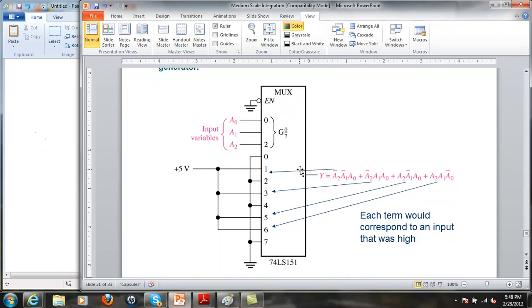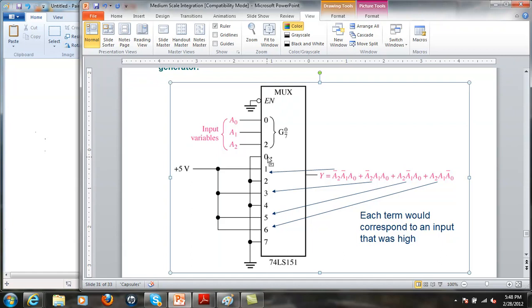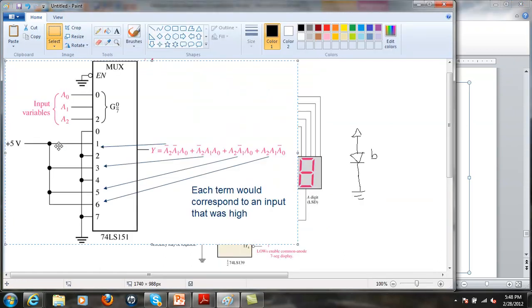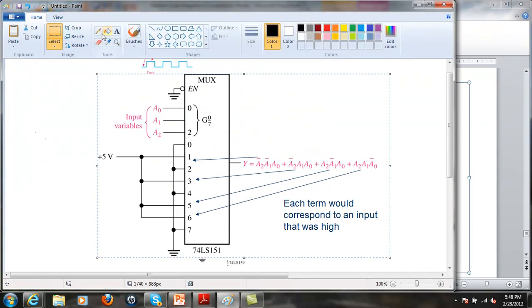So this is a sum of products. In that particular case, in order to select this pin, this would be a 0, 0, 1. That would be a 0, 0, 1 here. That'll give me a 1 output.